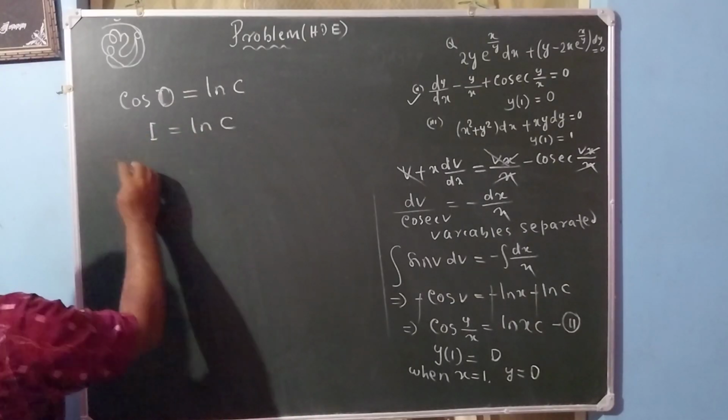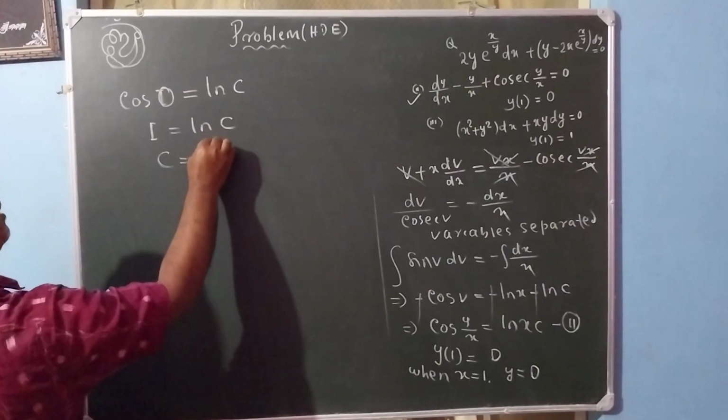So when ln c is equal to 1, c is equal to e to the power 1.